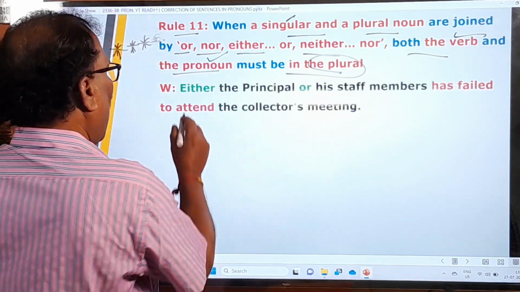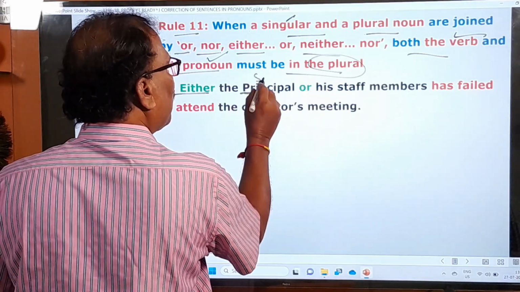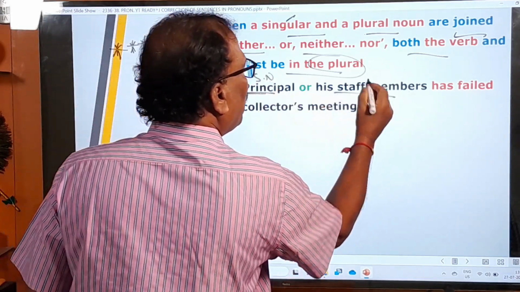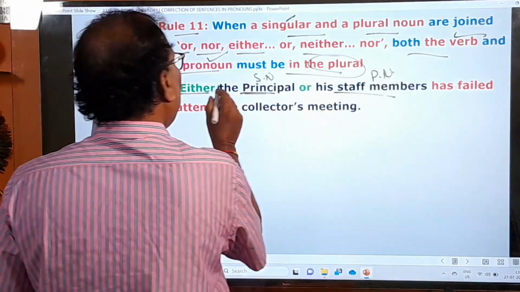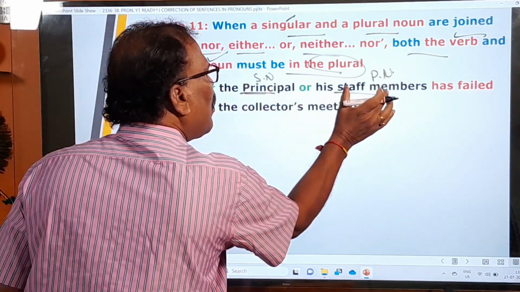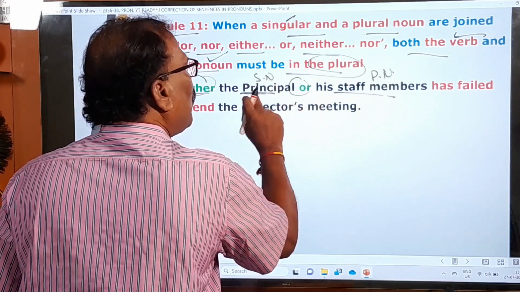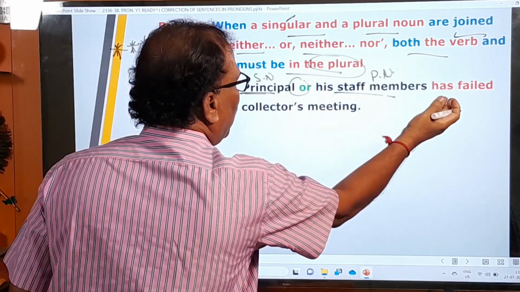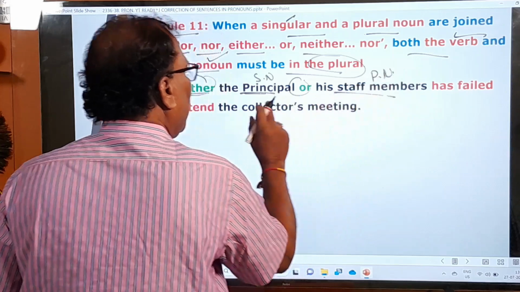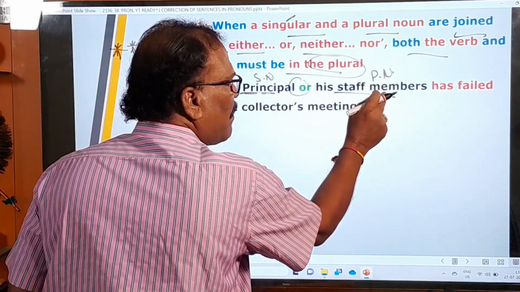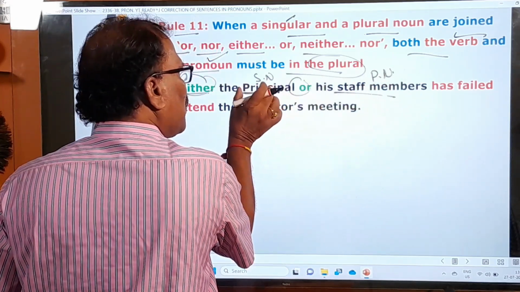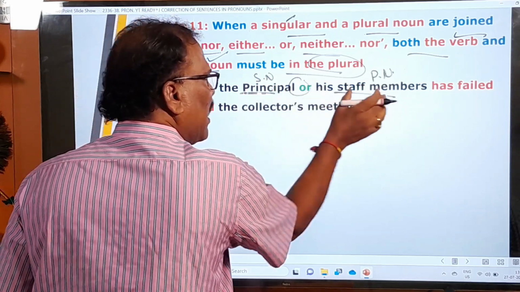You see that? Either the principal, a singular noun, or his staff members, a plural noun. So you are connecting the singular noun and plural noun with either or. If both are singular, there should be a singular verb. That's okay. But here, one is singular and one is plural.